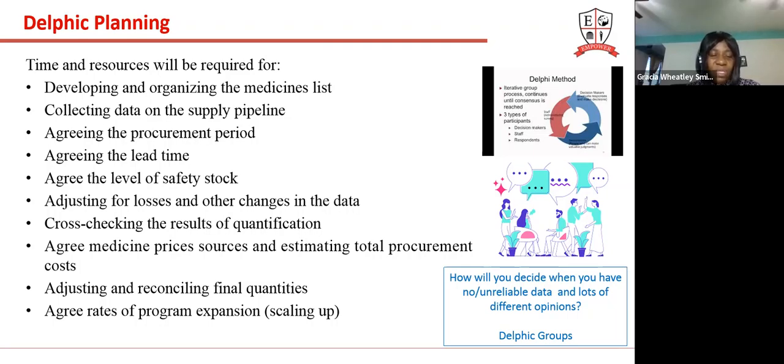This step is very important. And agreeing rates of program expansion.